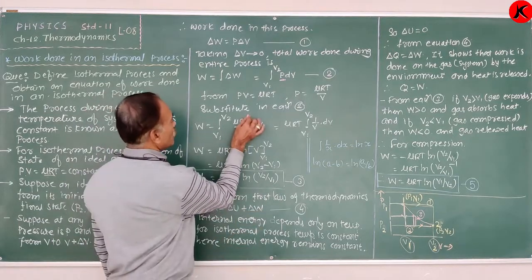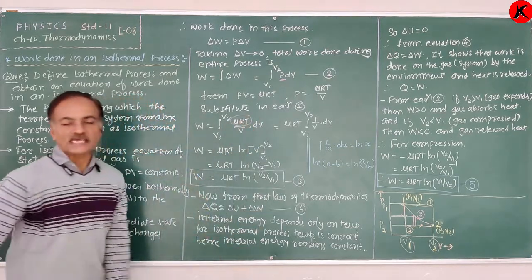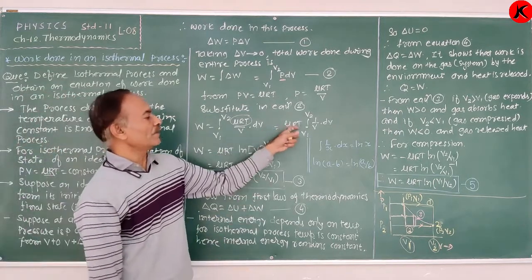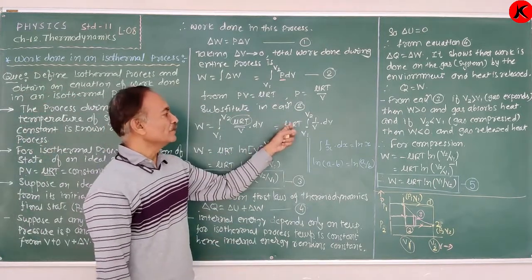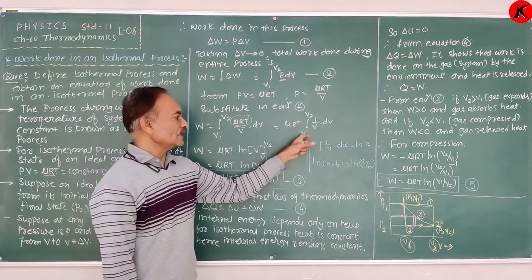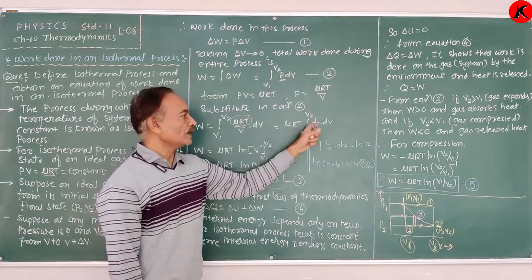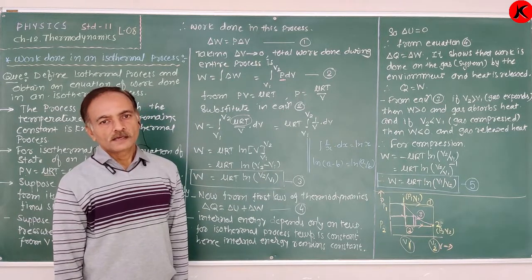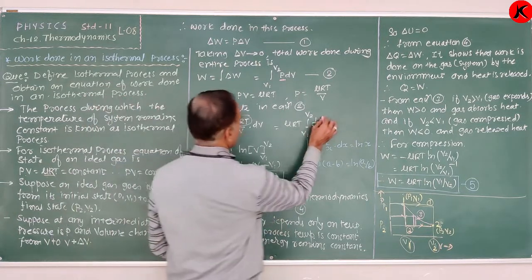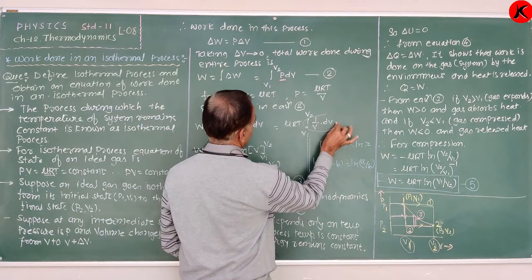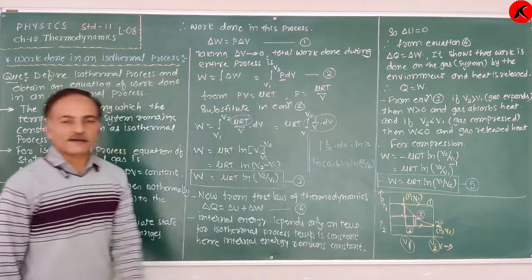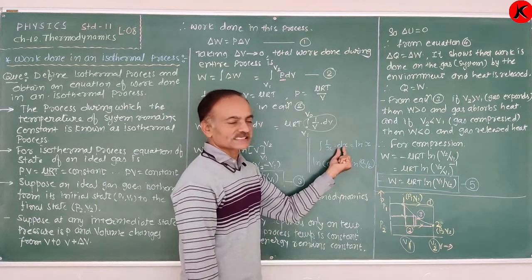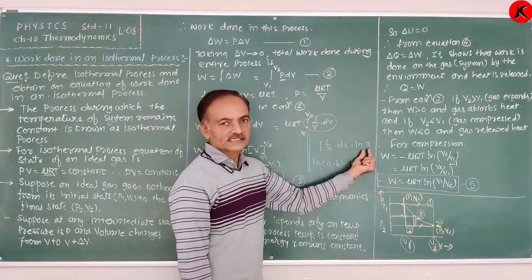But mu, R and T, for an isothermal process, are constant, so they are taken out of the integration. Therefore, W is equal to mu RT times the integration from V1 to V2 of 1 upon V into dV. Now we only have to integrate 1 upon V. For that, the standard integration of 1 upon x into dx is ln x.